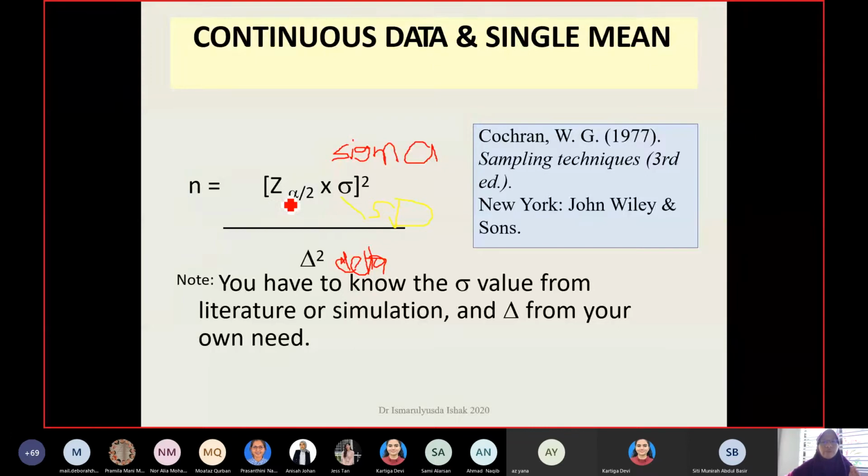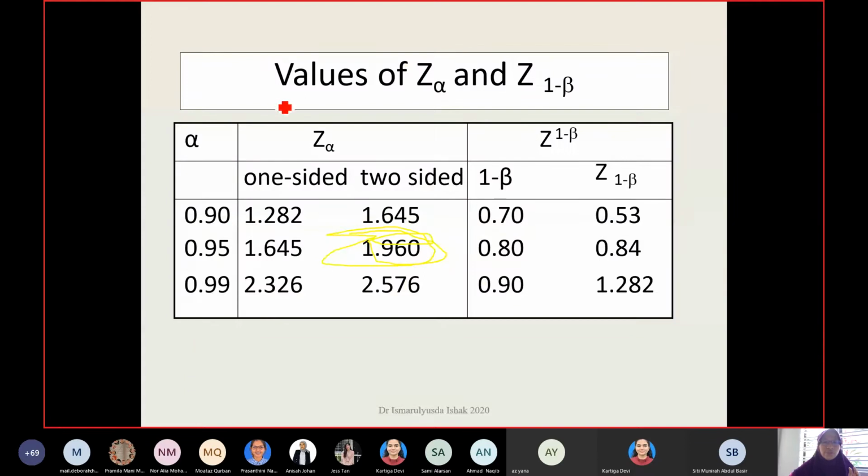If you want to choose your alpha, 0.95 means your alpha is 5%. If you remember this curve, this is for two tails.